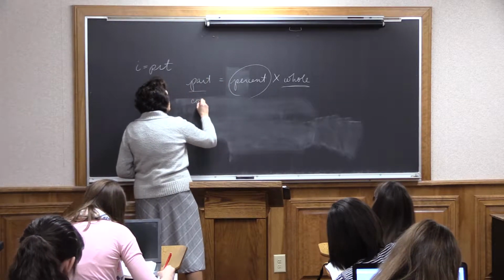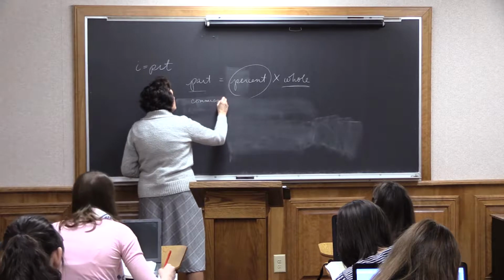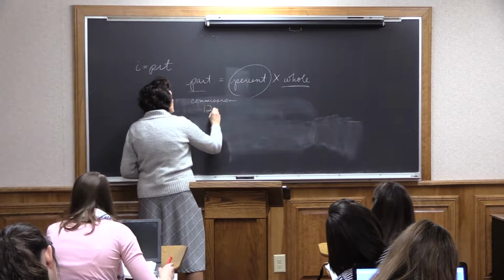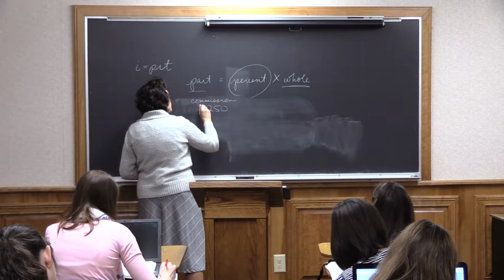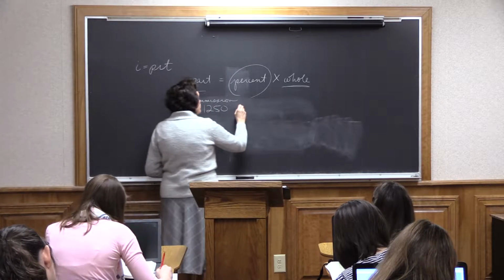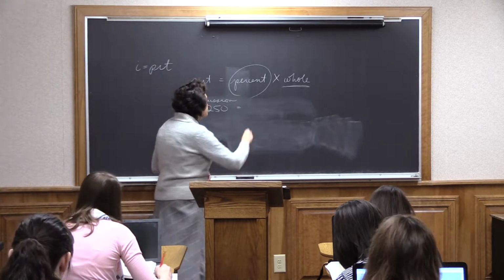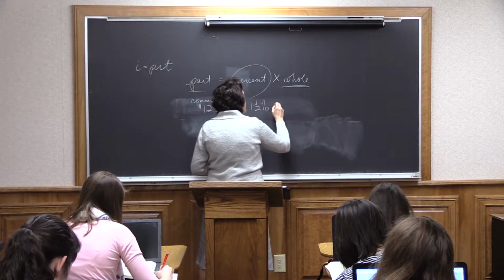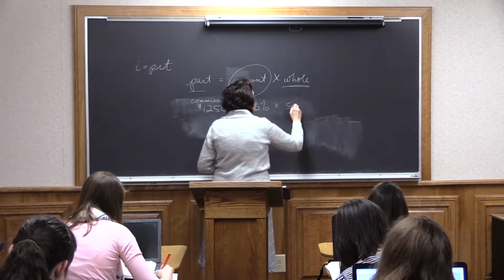Let's say the commission is $12.50, and the rate of commission is 1.5%. Find the sales.